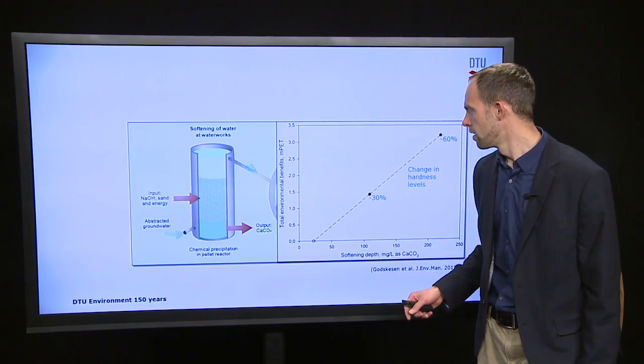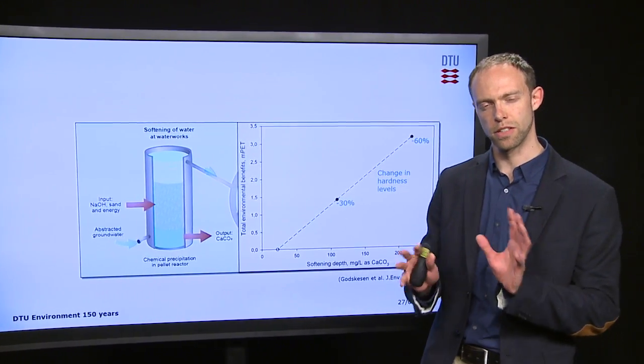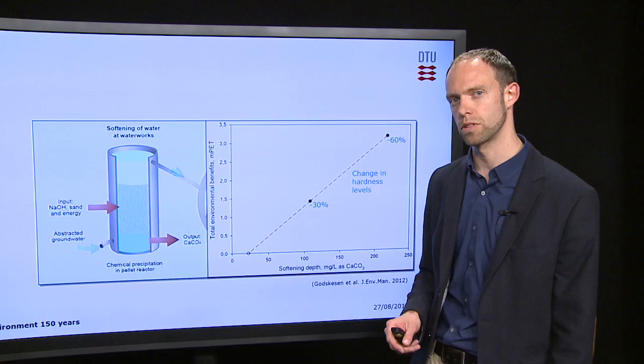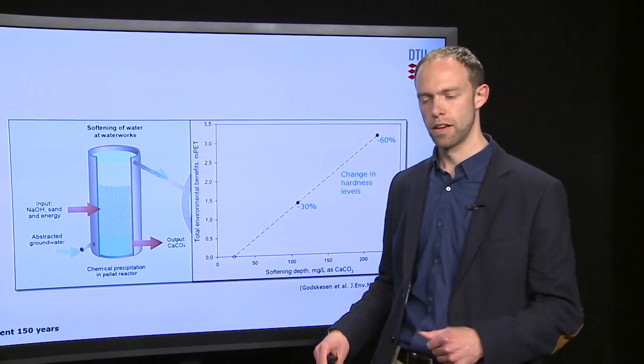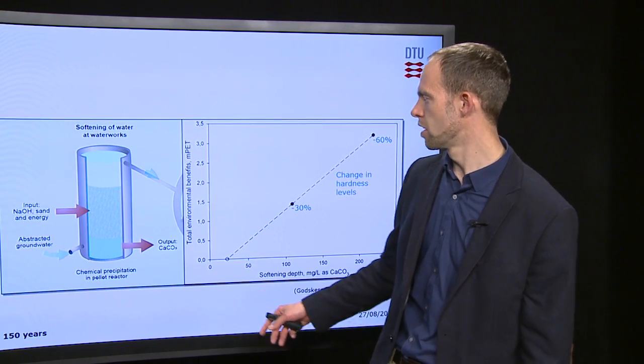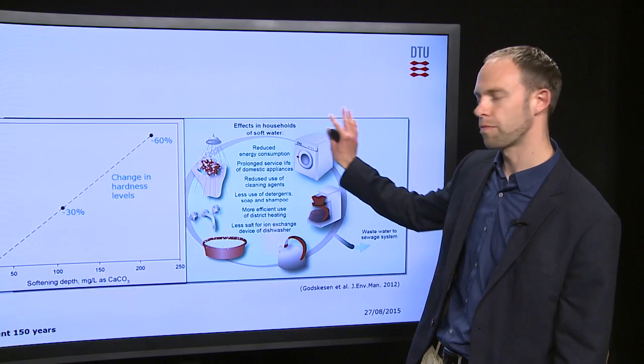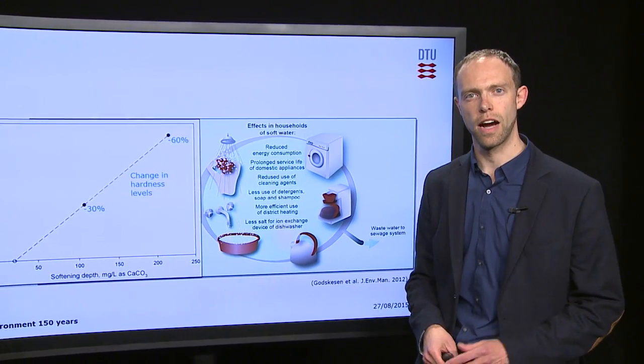In this example here, we are looking at the hard Danish drinking water and seeing if we can soften it, removing the chalk from the water. And of course we can do that, adding energy and chemicals into a process and removing the chalk. And the good thing is that we get a lot of benefits in the households.